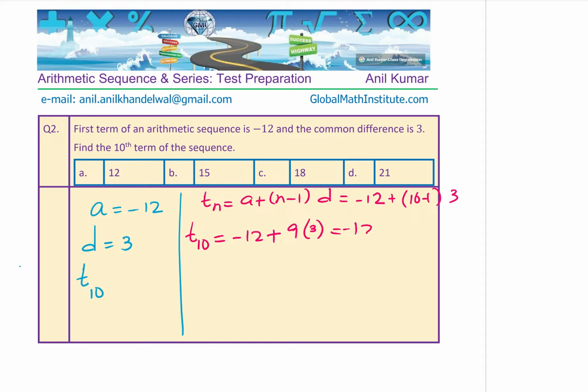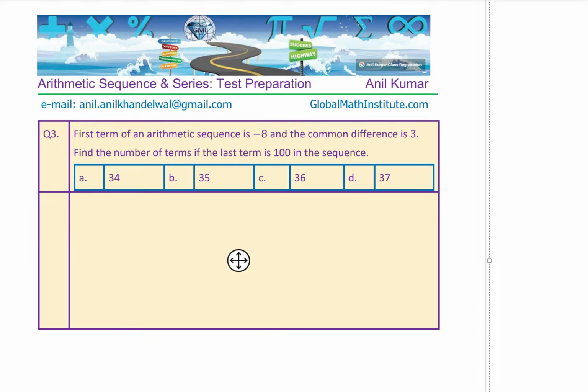So minus 12 plus 27 gives you the answer. So 27 minus 12 is 15, and therefore the answer for us is B. Is that clear to you? So that is how we can apply the formulas which we know and then find the solution. So I hope that is clear.